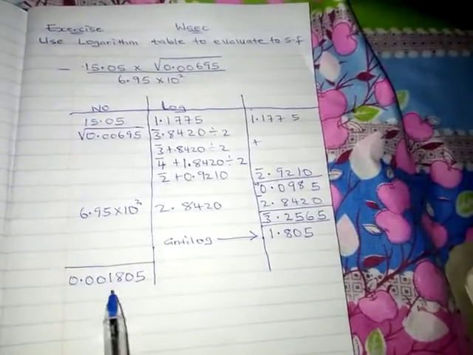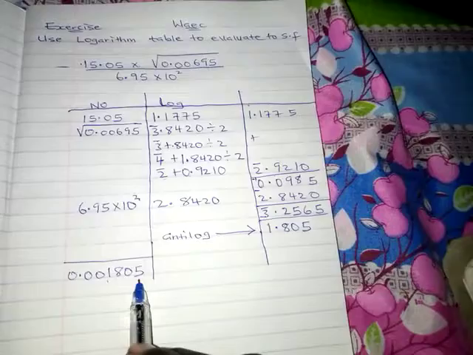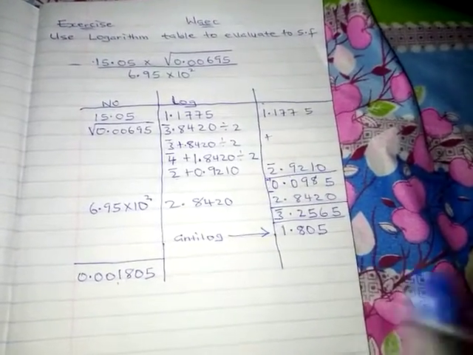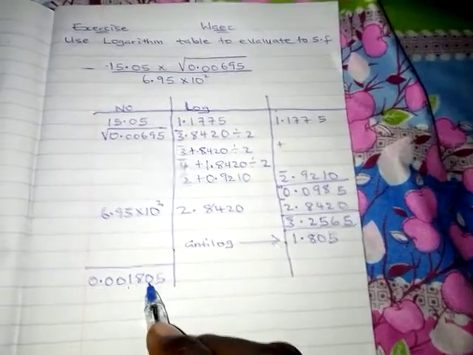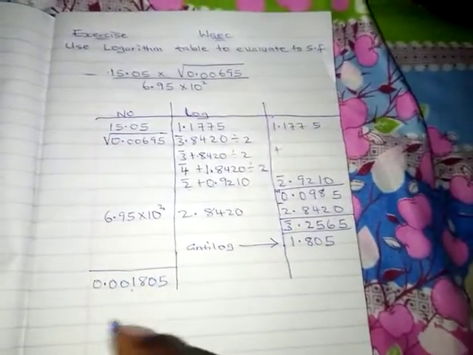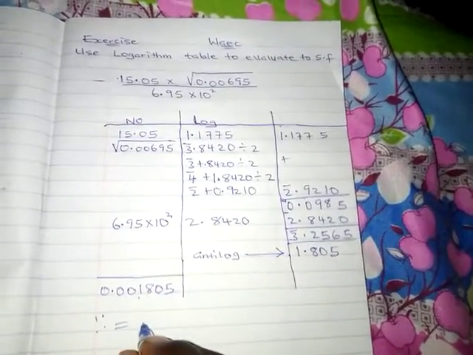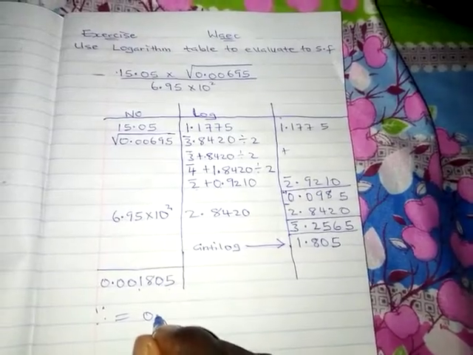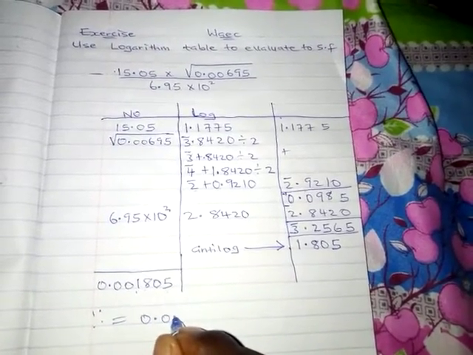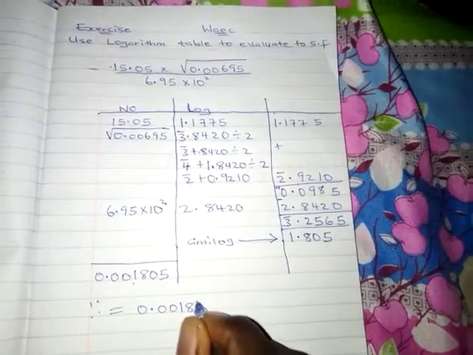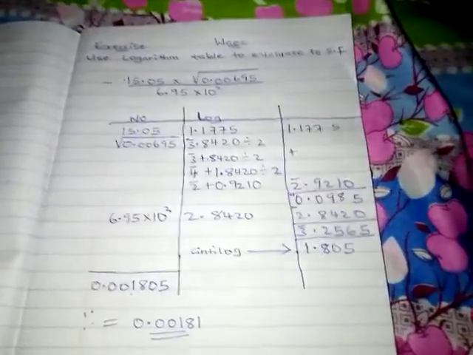So we start counting from here, 1, 2, 3. Then we check 5. It's up to 5. We round it up as 1, add it to this 0. So it becomes 1. So our final answer, therefore, is 0.00181. So that is the answer to the question.